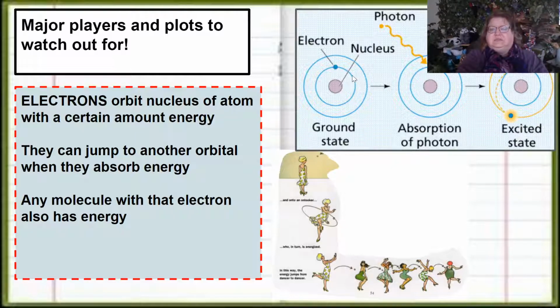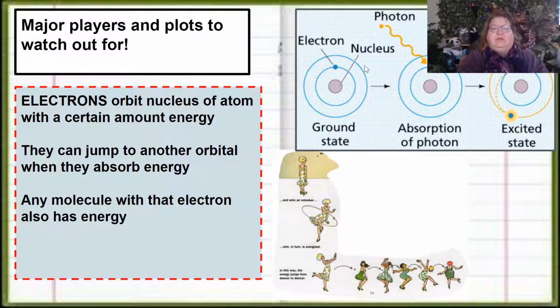One of the classic examples, and that's what we're going to look at with photosynthesis, is if they absorb a photon of light, that electron becomes excited and goes to a higher orbital. Now, that electron can also move from molecule to molecule, and any molecule that has that excited electron now has that little bit of energy.